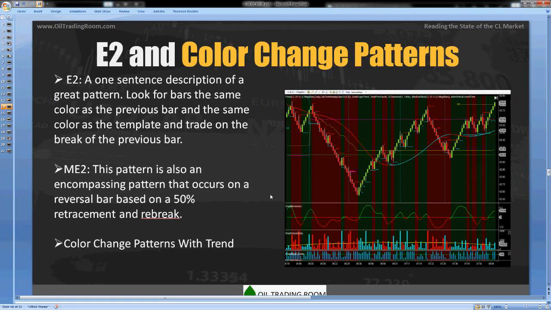One of the triggers that we've been using in the room that is quite successful, also, because the E2 and the Me2 are entry techniques, is the third one I'd like to discuss: the color change patterns with trend. If I blow up this chart, we'll look at some more of these as we go to today's.